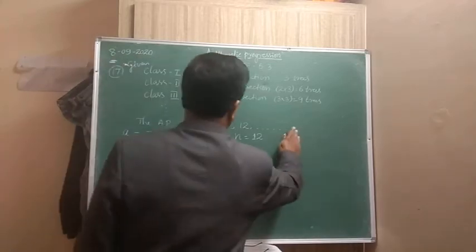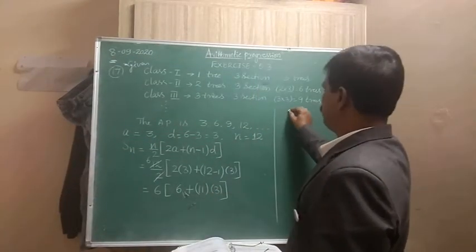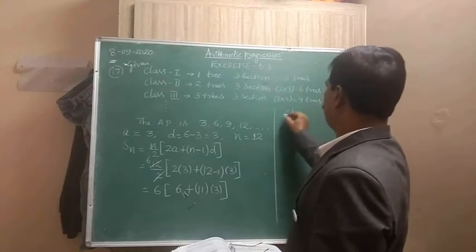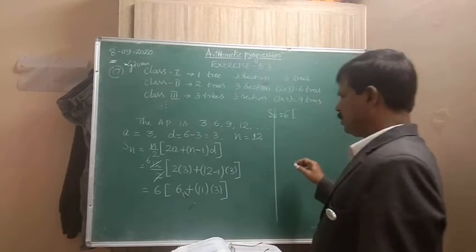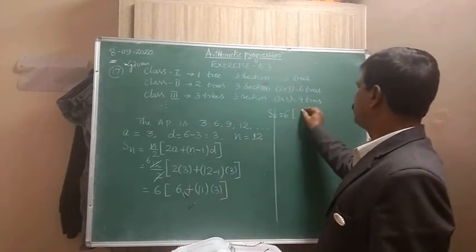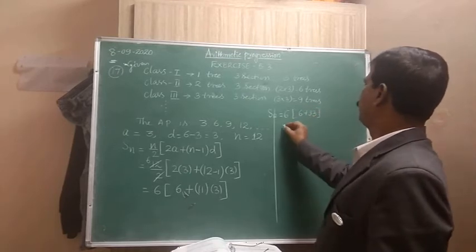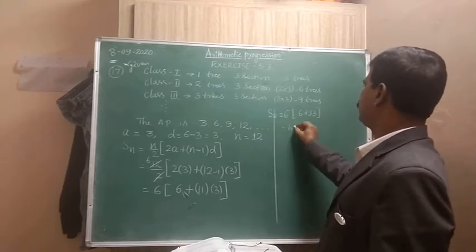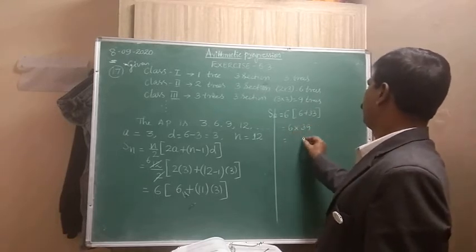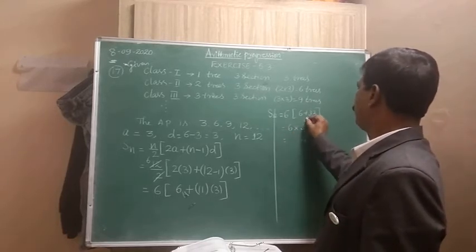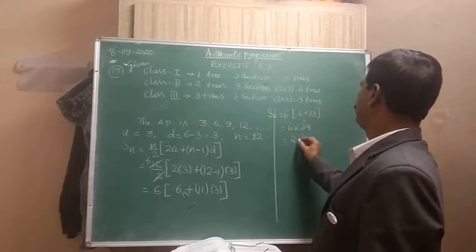So this is 6 into 2 threes are 6 plus 11 into 3. Now I'm continuing here. So S12 equals 6 into 6 plus 11 threes are 33. Now 6 into 39, 6 fives are 30, 6 nines are 54, so 234.